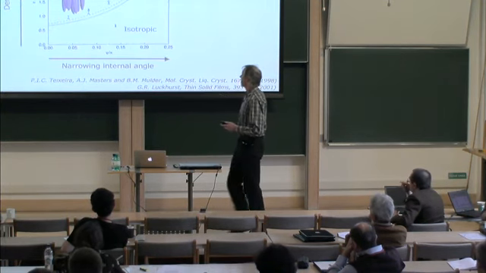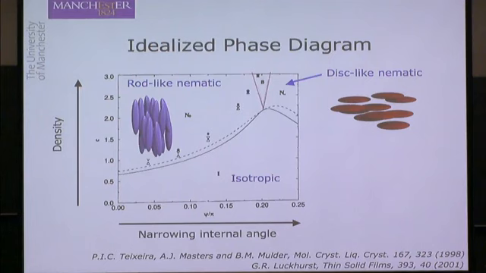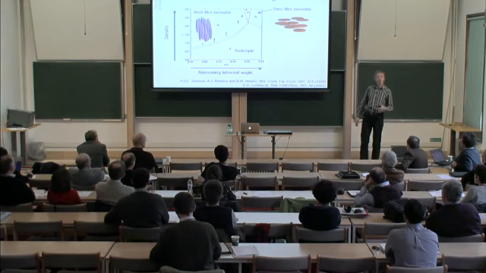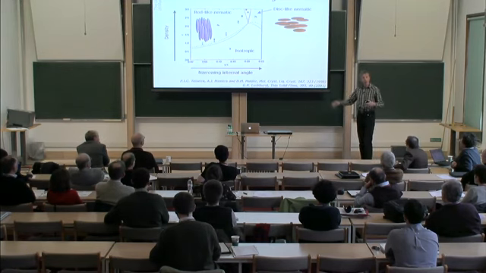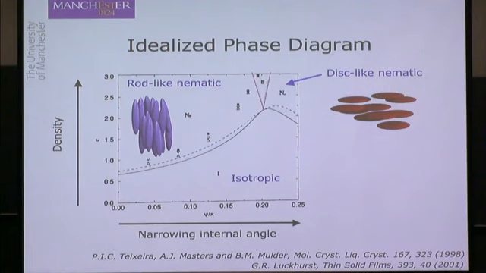So this was an idealized phase diagram. This is some work that Paolo Teixeira, also in the audience, and Bela Mulder and I did back in the deep mists of time, when we just considered a spherocylinder dimer and tried to work out, using Onsager theory, that's just a second virial theory, what would happen to the phase diagram as you changed the bond angle. And this is a kind of generic diagram.